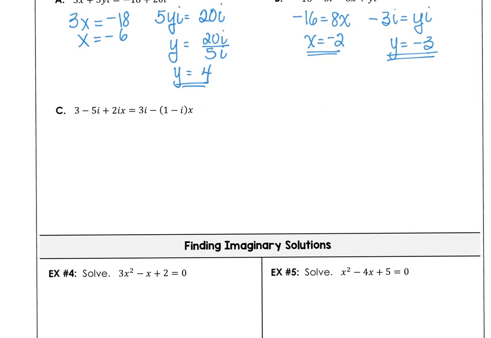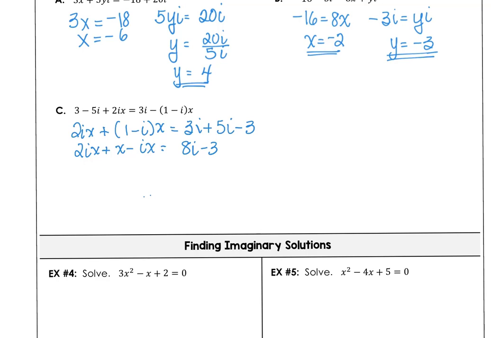We need to distribute and then collect like terms. But first I noticed that I could get the x terms on one side of the equation. So if we keep 2ix and then add the 1 minus i times x to the left side, and then leave the 3i on the right and add the 5i and subtract 3, we can collect like terms this way. So 2ix plus x minus ix equals 8i minus 3.